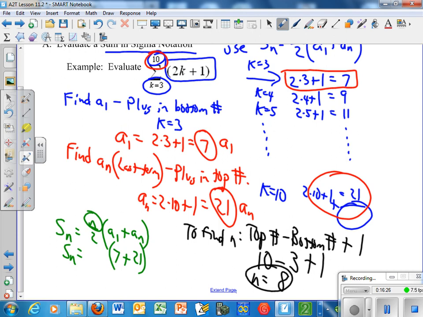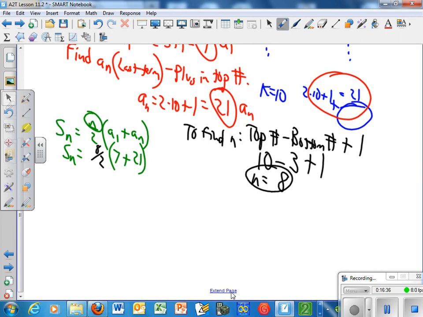So I plug 8 in here, so it's 8 divided by 2. Let's extend the page here a little bit. 8 divided by 2 is 4. 7 plus 21 is 28. So to find my sum, I take 4 times 28, which is 112.